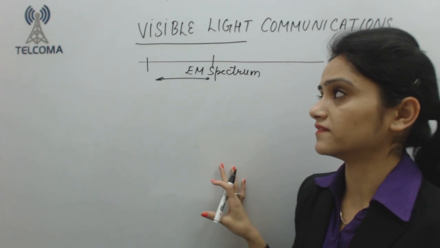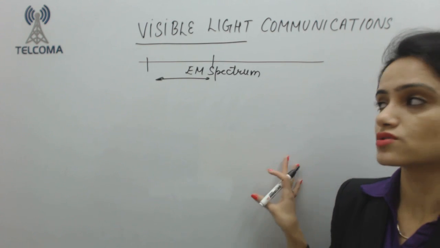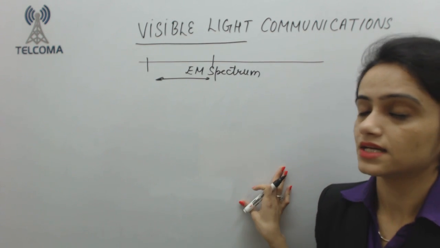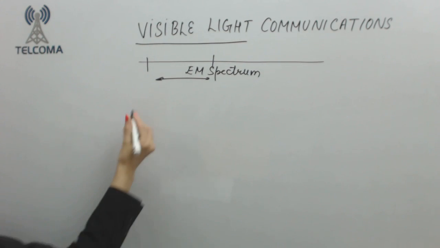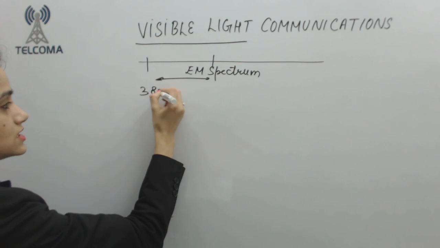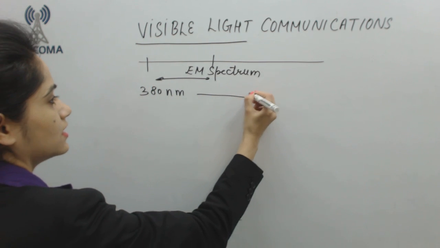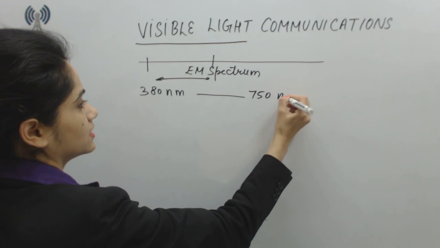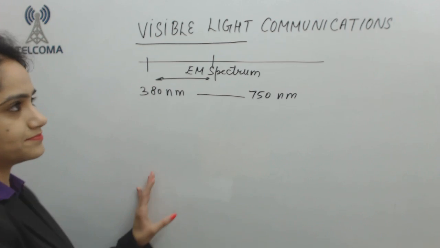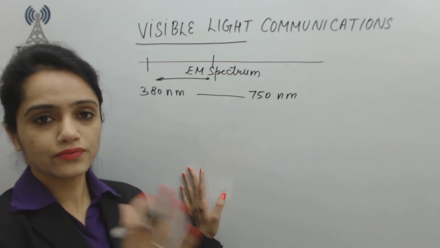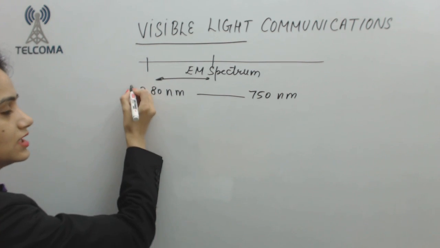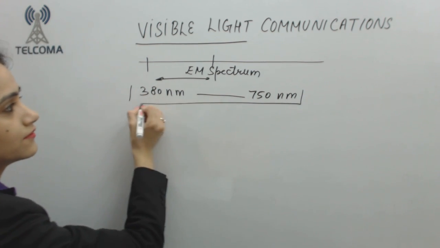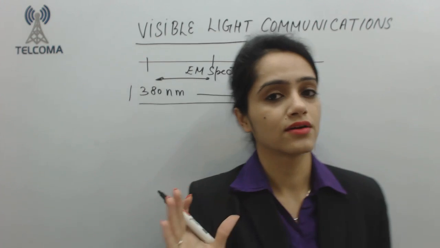Now, what about the wavelength of visible light? The wavelength of visible light ranges from 380 nanometers to 750 nanometers. So out of the complete electromagnetic spectrum, the range from 380 to 750 nanometers is my visible light.